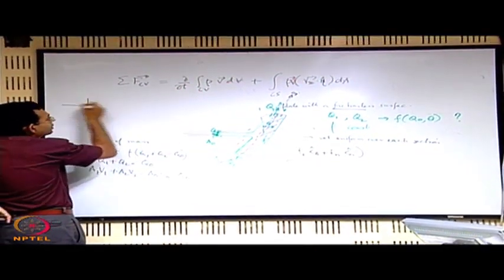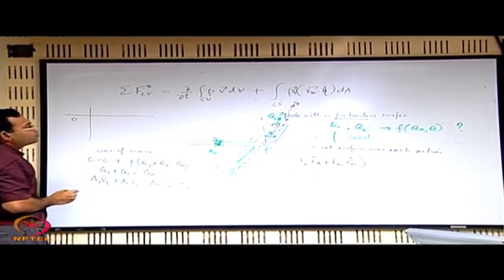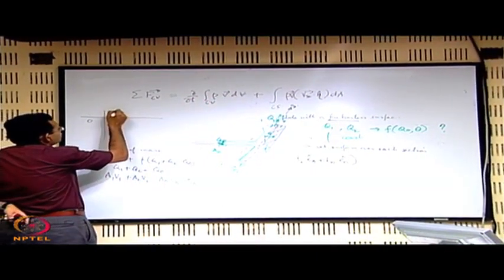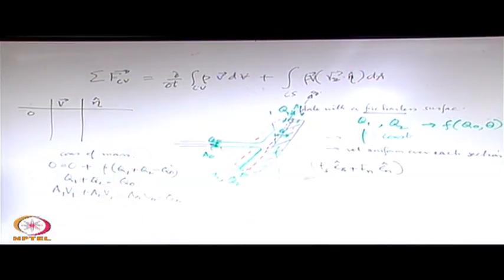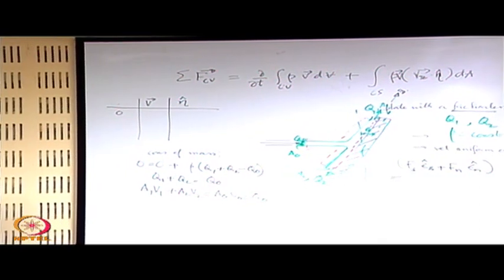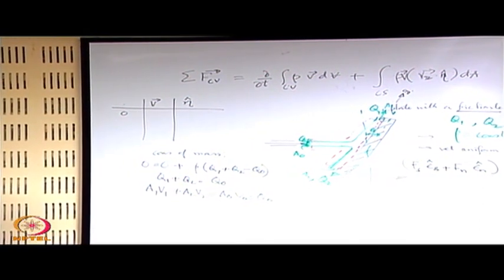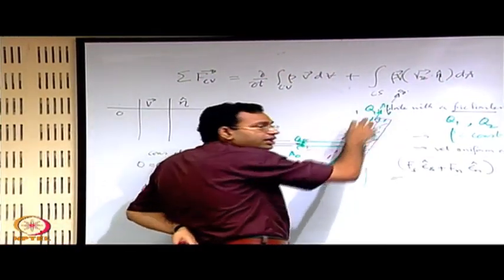So, we have a section, say 0, at which we are interested to find out what is V and what is the normal vector. The normal vector will be insignificant, we will see, because eventually we are dealing with the flow rates.